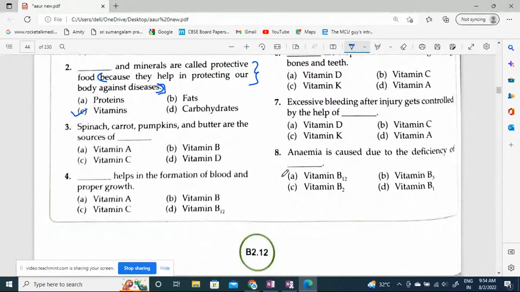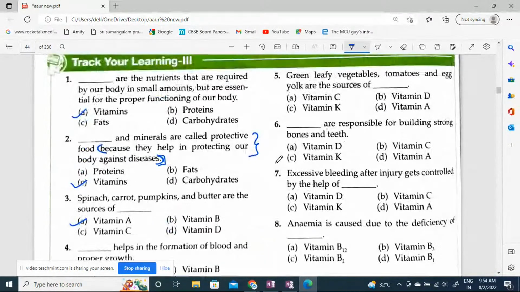Now, these are the sources of vitamin A, vitamin B12. Now, as you have written all the questions thoroughly, you have a clear-cut mind.